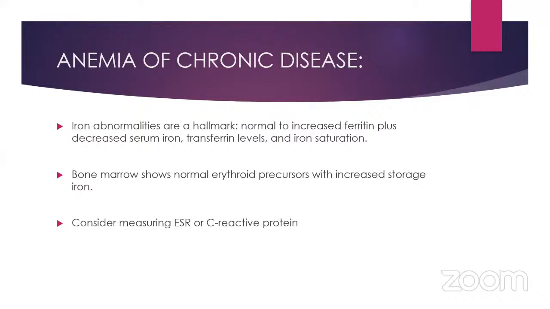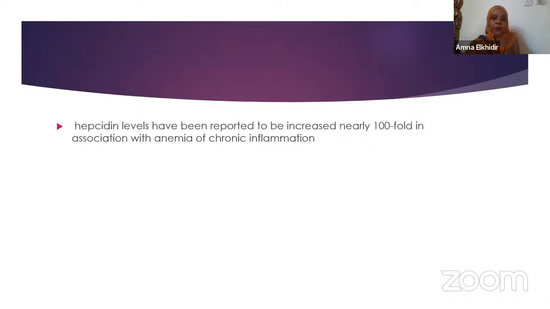Anemia of chronic disease: we have normal or increased serum ferritin, decreased serum iron, decreased transferrin, and decreased iron saturation. In the bone marrow we usually find normal erythroid precursors and normal levels of iron storage. We can also do ESR or CRP, which are increased.